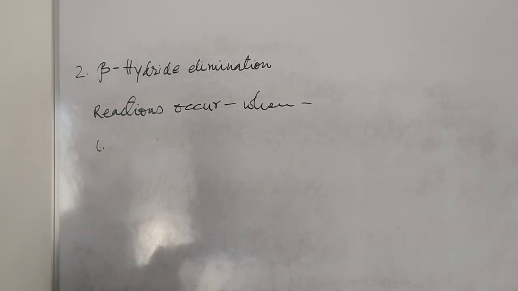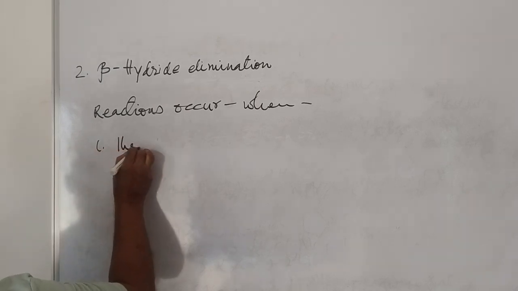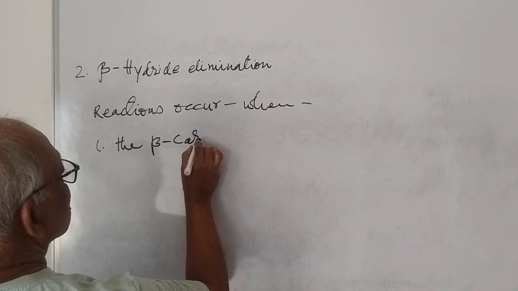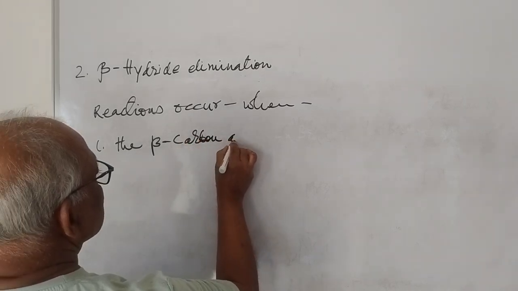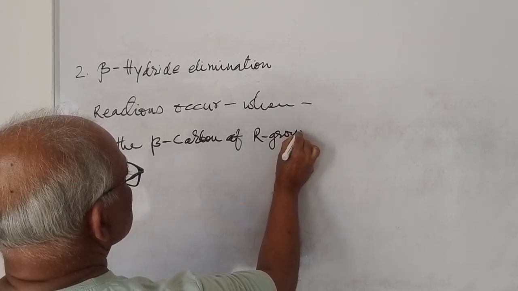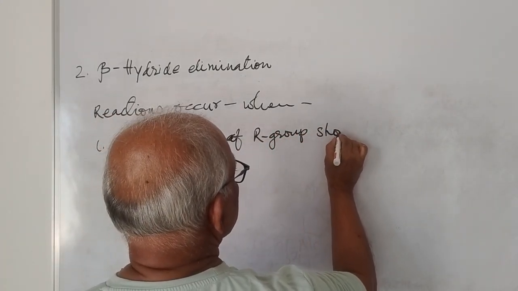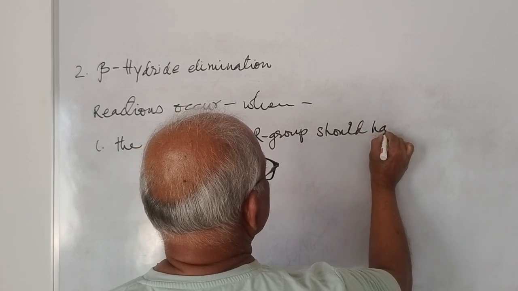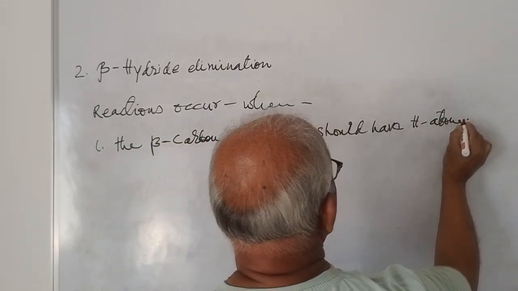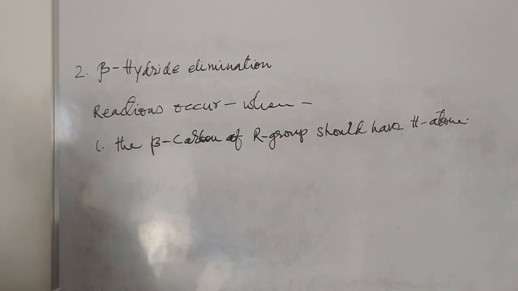The beta carbon of alkyl group should have hydrogen atom. So this is first condition.